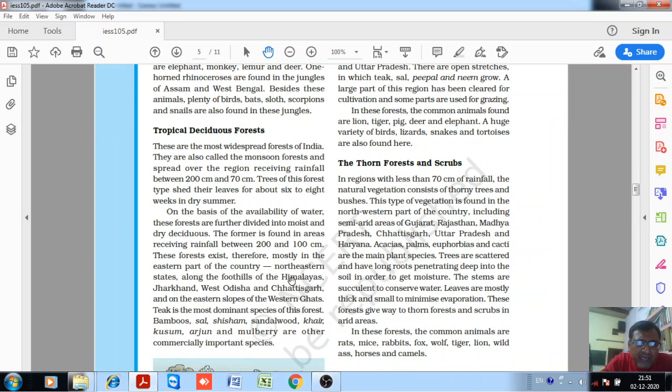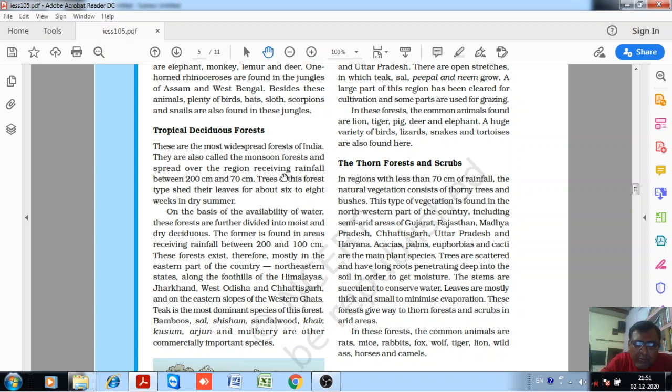So now the second type of forests are tropical deciduous forests. Means these are found between the tropics, but these are not evergreen. Sometimes they shed their leaves, or the amount of rainfall is not above 200 centimeter, that is below 200 centimeter or up to 70 centimeters.